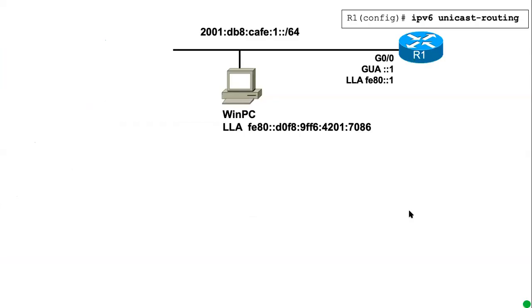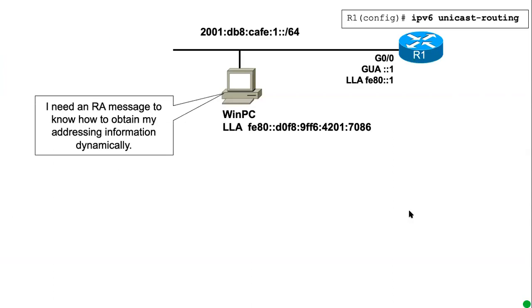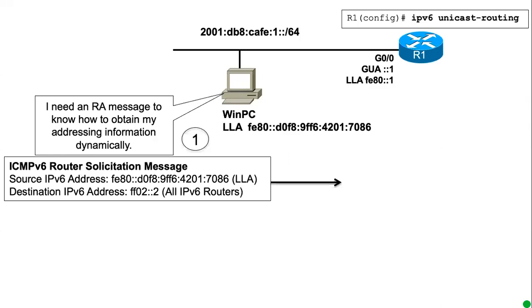All right. So if a device connects to the network or boots up, and it has not received a router advertisement message, it will send out a router solicitation message requesting the router advertisement message.